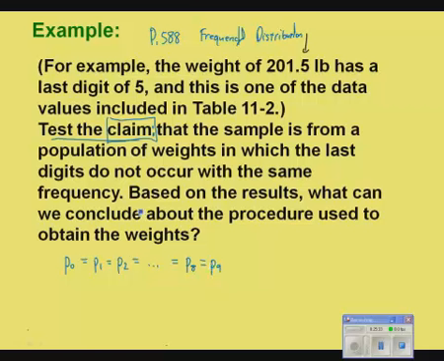And then it says, based on the results, what can we conclude about the procedure used to obtain the weights? See, suppose you're looking at this and you say, hey, wait a minute, there were a lot of zeros. Then you might start to think, wait a minute, I don't think these were measured. And then you'd want to test that.